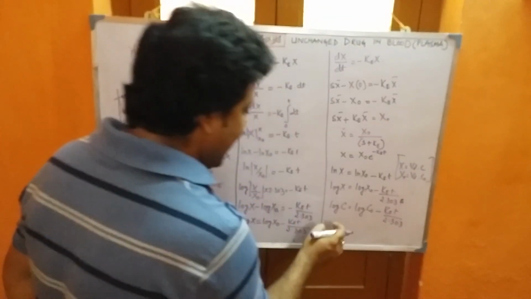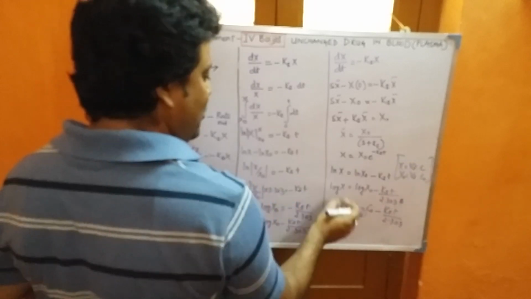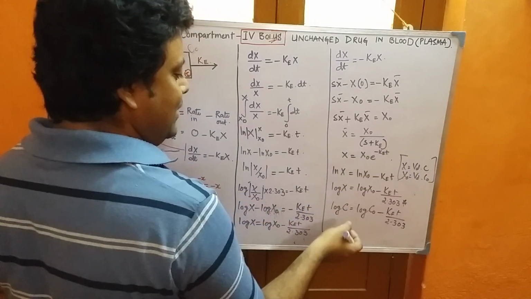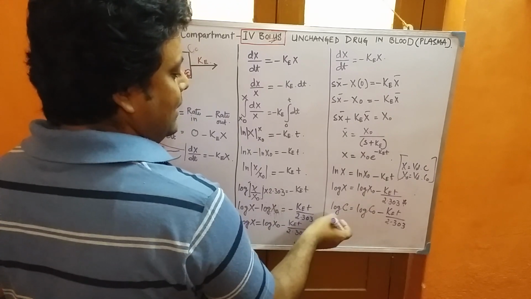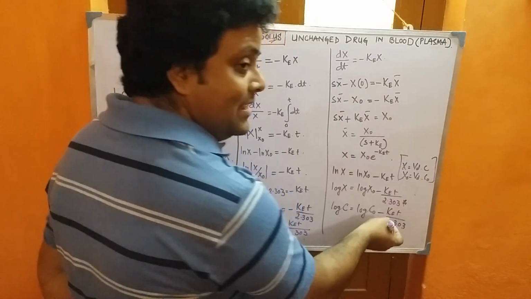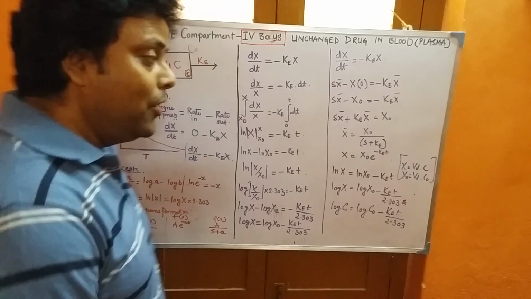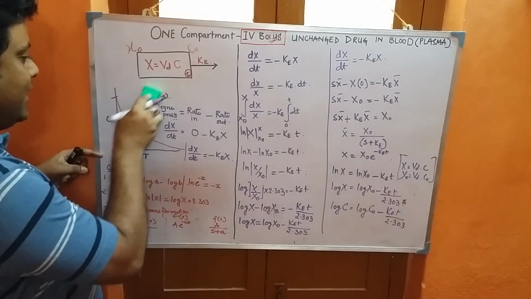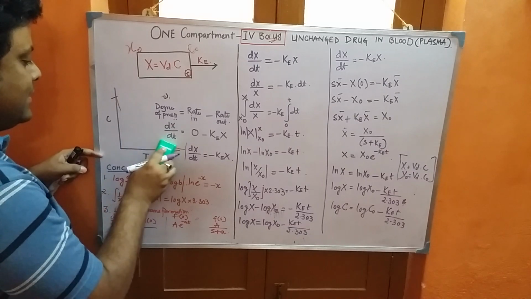When we put the values and bring both over this side, the Vd cancels. So finally we get log C equals log C naught minus Ke t by 2.303.